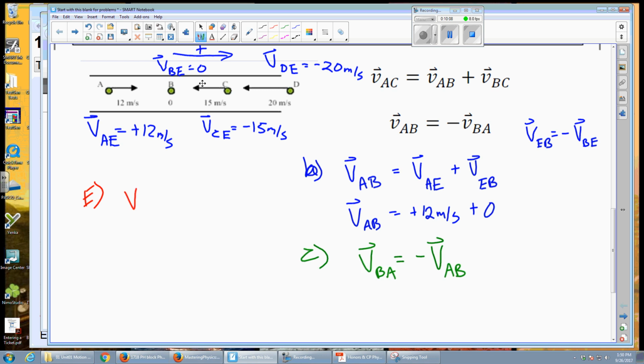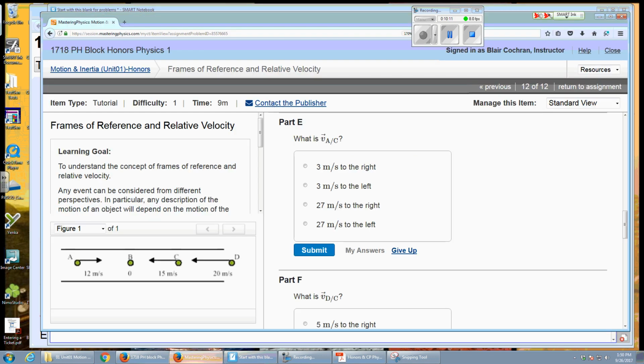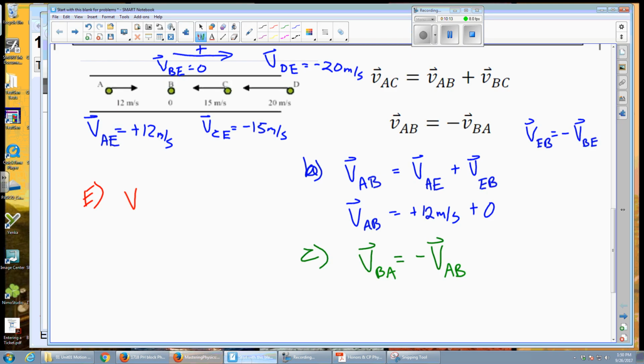So I want the velocity of A to C, of A with respect to C. So why not do the velocity of A with respect to the Earth plus the velocity of Earth with respect to C? Right? And I'm confident you guys can do the algebra for that.